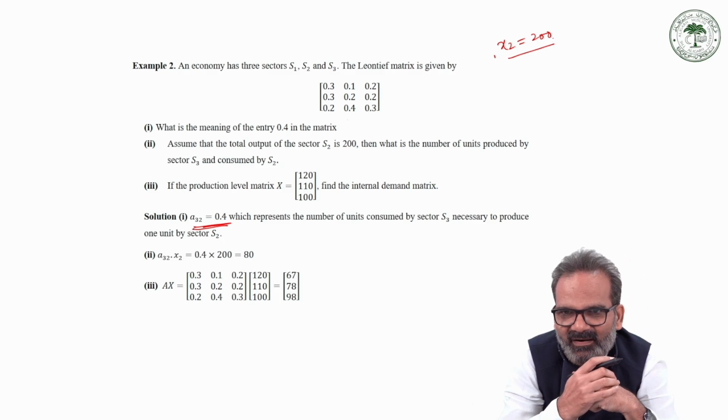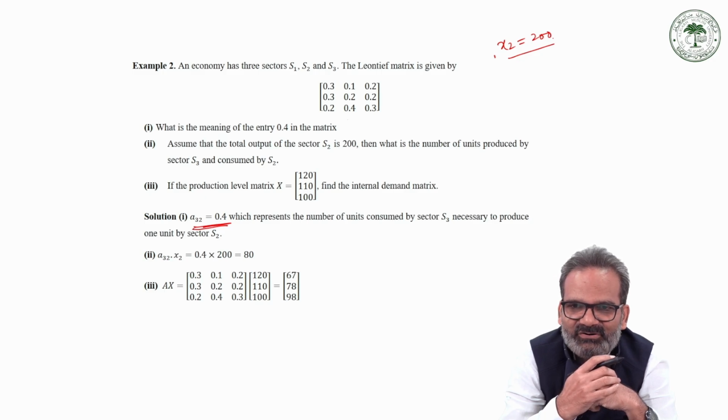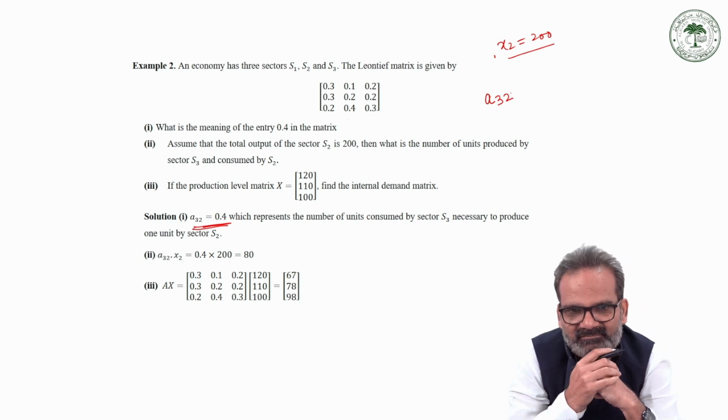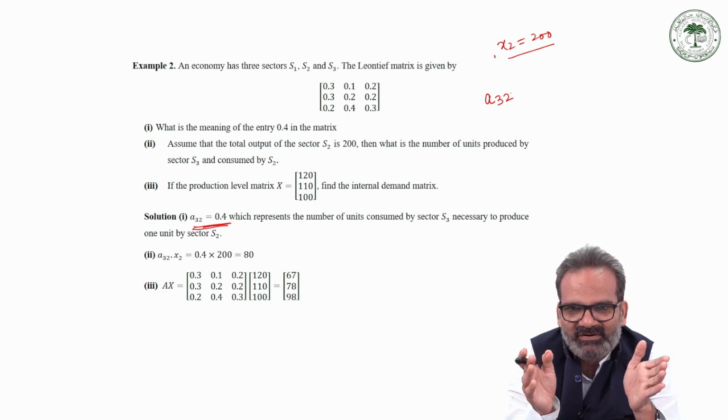Then what is the number of units produced by sector S3 and consumed by sector S2? That means A32, right?